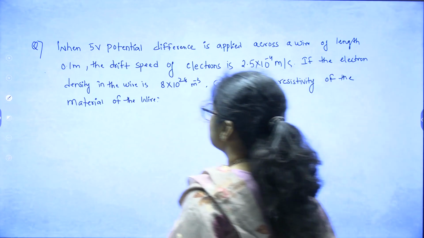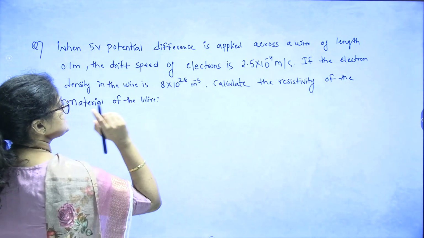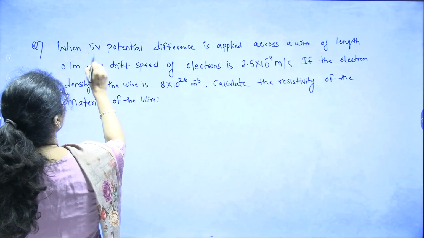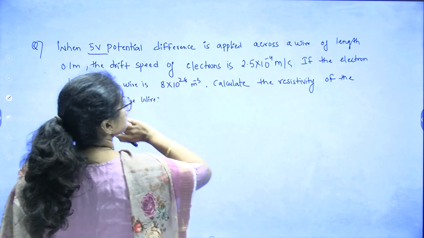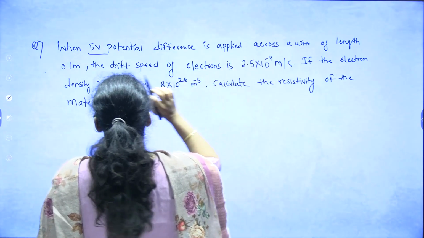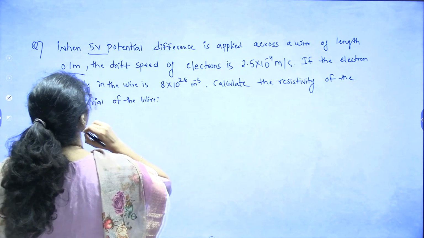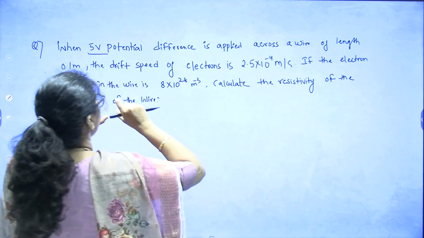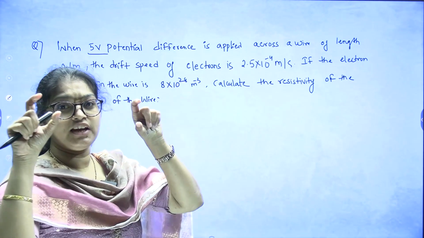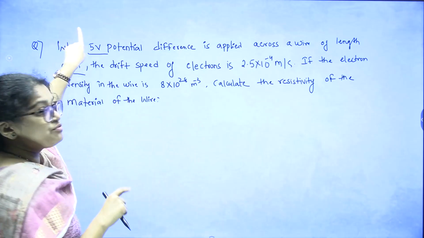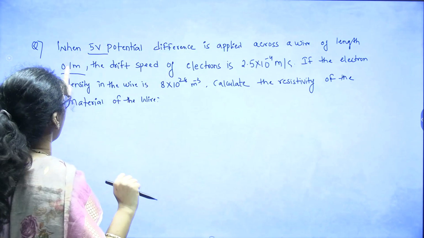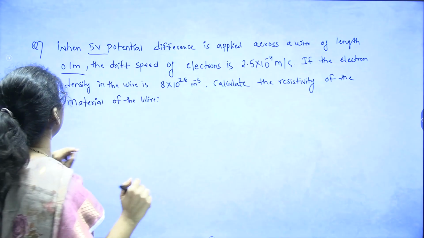So in the question, always write the given data. When 5 volts potential difference is applied across a wire of a length, they have taken a wire, and that wire has 5 volts potential difference and its length is 0.1 meter.